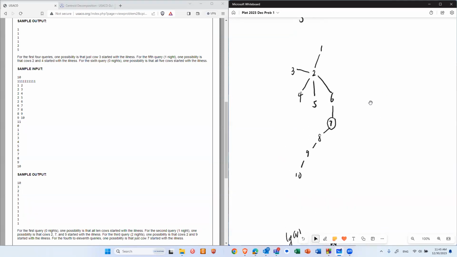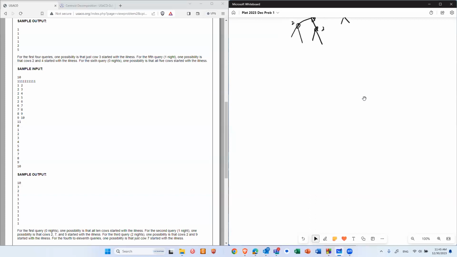So if you look at the problem I have here, I greedily find what is my level 1 centroid, for example. It could be like this one. So then I pick that, right? Then I break down into it. So then the algorithm to do this is like this, right?